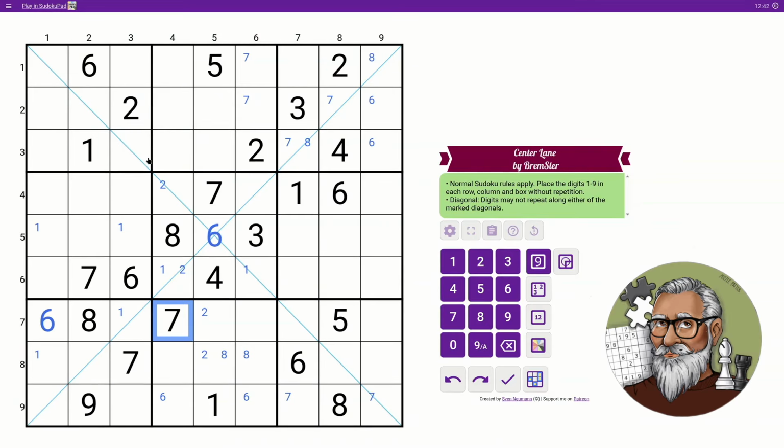Okay, where is 2? Well, this could be 2, or we have 2 here. Well, this can't be 2. Does that help? I don't think so. No, I don't think that it does help.